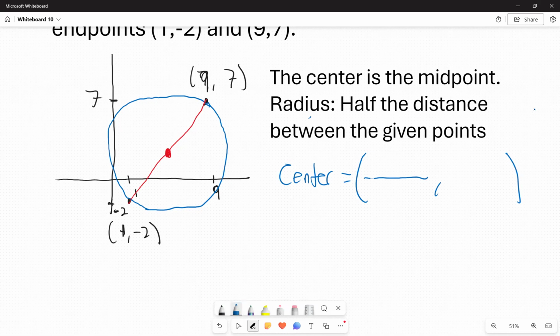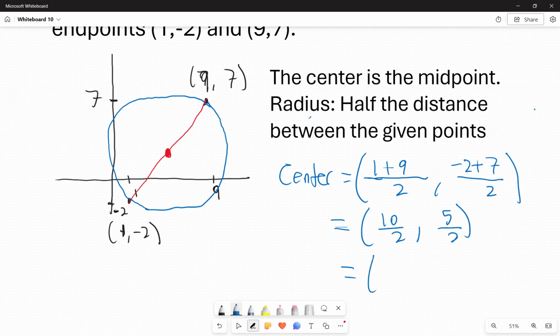So that's going to be 1 plus 9 over 2. That's the x coordinate, and the y coordinate is negative 2 plus 7 over 2. So 1 plus 9 is 10, and negative 2 plus 7 is 5. So this is 5 halves, I'm going to keep it as a fraction. The center is 5, 5 halves.